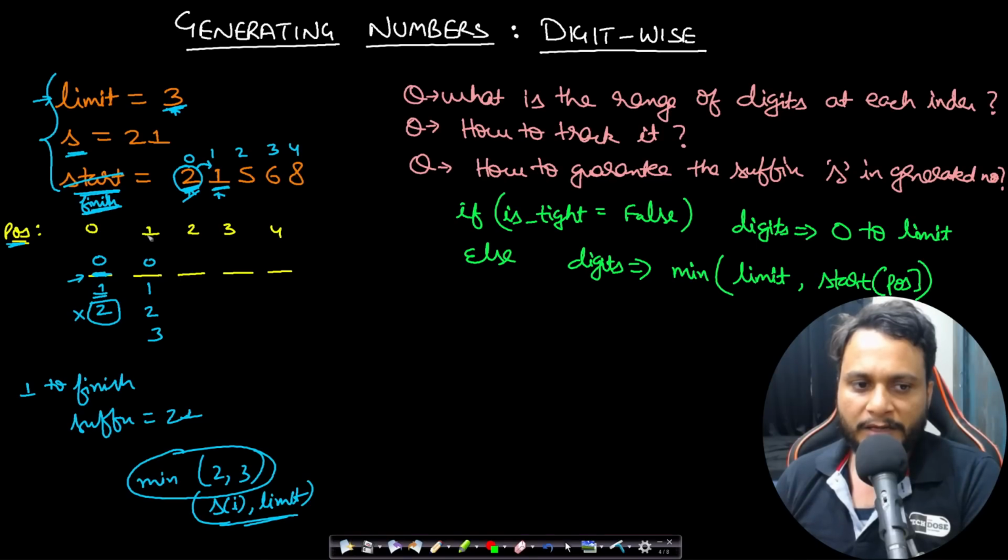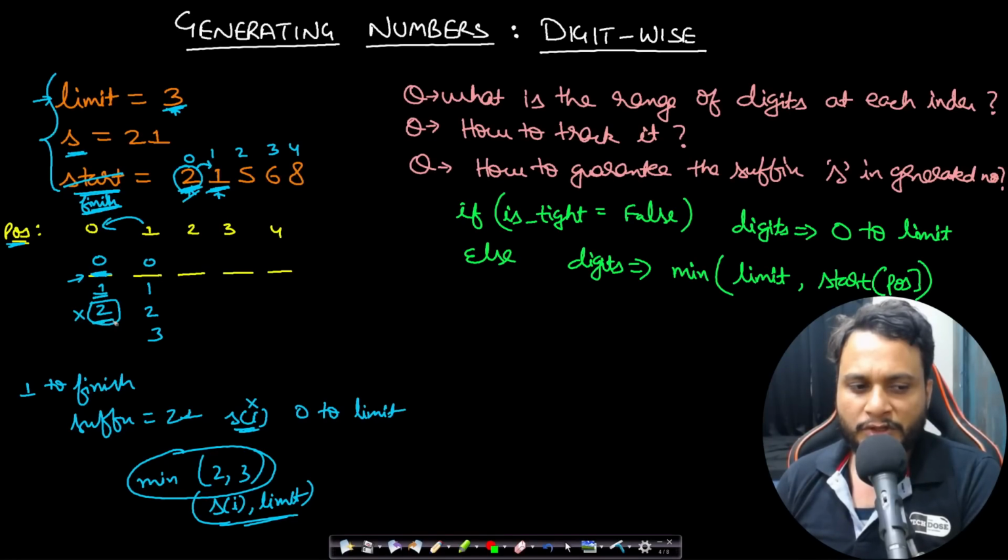And even though this value was 1, because if you had already taken a smaller digit for a significant digit, like if I had taken a 0 or 1 on the significant side, that is to the left of this digit which I am trying to fill, then I can safely exceed the s at I value. Okay, this is your s at I value. So I don't need to be barred from s at I. If I had taken a smaller number on the left side than the actual s at I, then I have the luxury of choosing the number from 0 to limit. And that is what I'm doing.